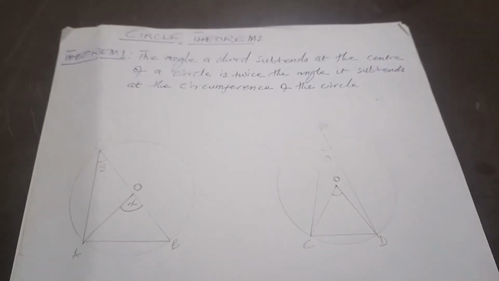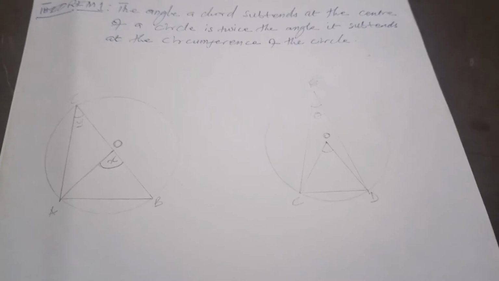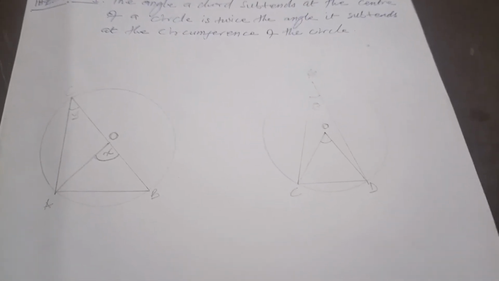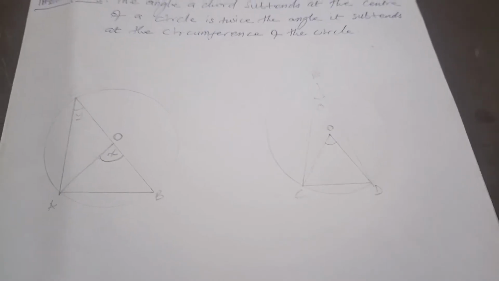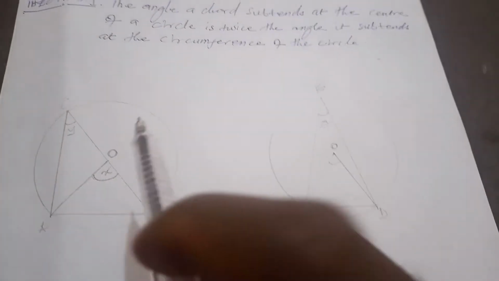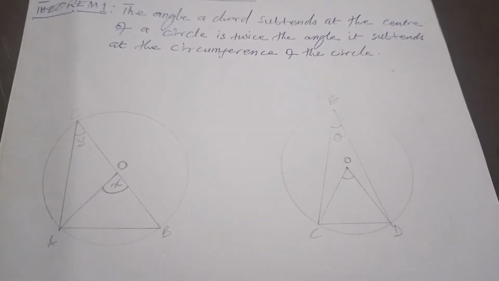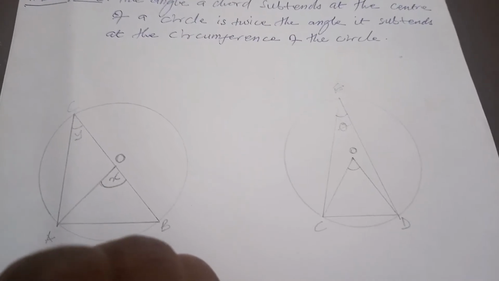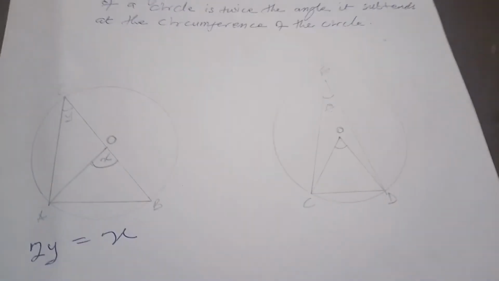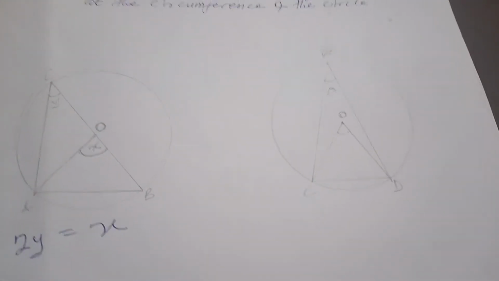This first theorem is saying that whenever you have a situation like this in a question, you will be given either X or Y, and the relationship between them is that twice Y will be equal to X, that is X equals 2Y.